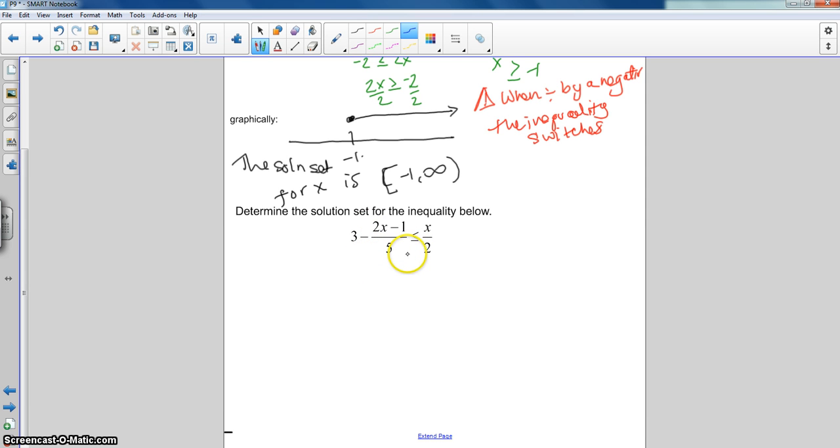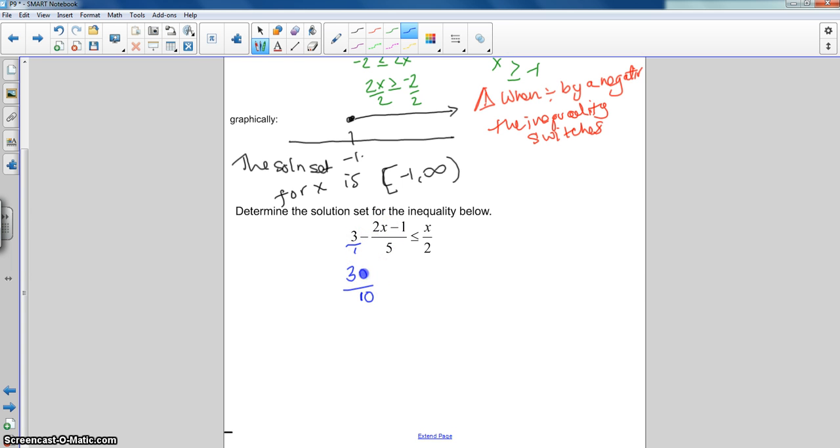We have fractions. In any case, when we have fractions, you normally begin by finding a common denominator. For this one, the denominators are 1, 5, and 2, so that's 10. I need to make sure that everything gets to a common denominator of 10. So that is going to be 30 over 10.